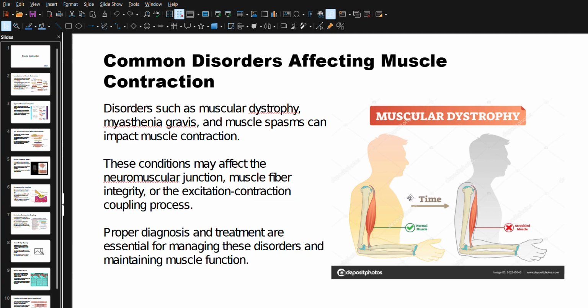The first diagram shows, as time passed, if there is no proper lifestyle or proper food, how it leads to disorders. These conditions may also affect the neuromuscular junction, muscle fiber integrity or excitation-contraction coupling. Proper diagnosis and treatment are essential for managing these disorders, especially muscle function.